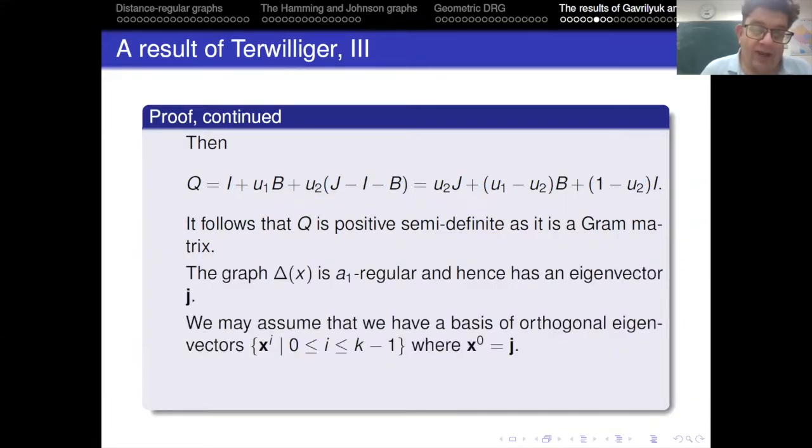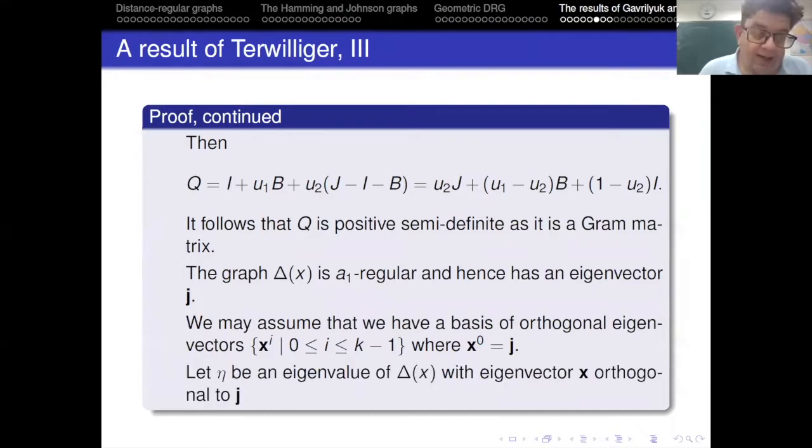The graph Delta(x) is regular and hence has the all-ones vector as an eigenvector. We may assume that we have a basis of orthogonal eigenvectors of the graph Delta(x), and that the first eigenvector is the all-ones vector. And let eta be an eigenvalue of Delta(x) with eigenvector orthogonal to the all-ones vector.